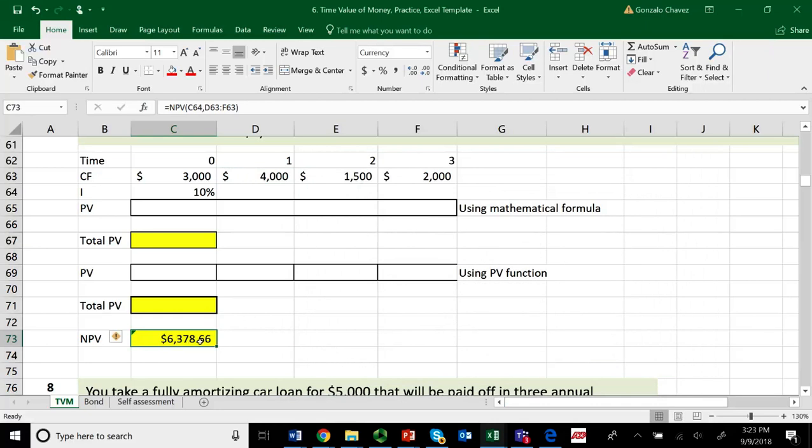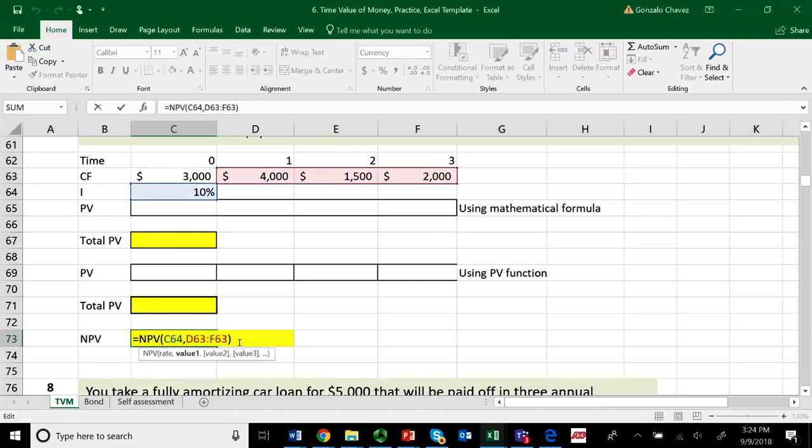But that's not all the money you've got, isn't it? What you've got is not only the present value of these 3 cash flows, which is what you want to know, right? What is the present value of these promised payments? What you also have is the $3,000 that is already standing there. So when you use the NPV function, the only kink it has, the only little thing that it has, is that anything that's standing at time 0 must be manually added, right? So I'm just going to double click here.